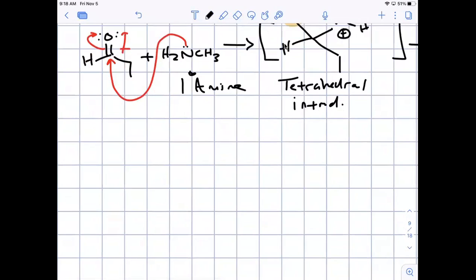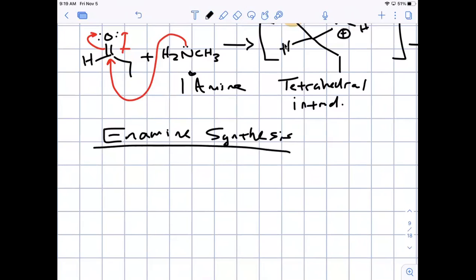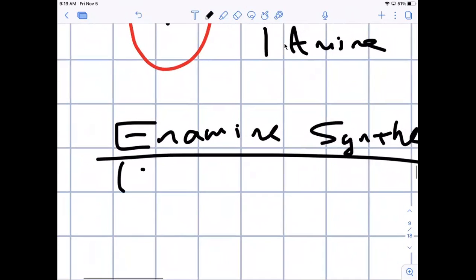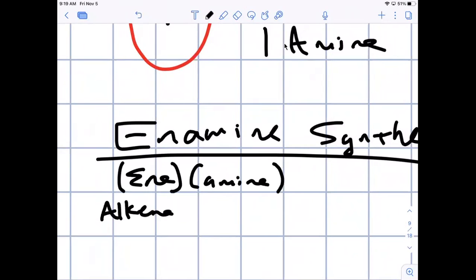If I use a secondary amine, I actually get what's called an enamine, and we're going to go through the mechanism for that too. So the enamine, let's think about that. The first term is derived from the suffix "ene," which means there's going to be an alkene present. And then the second term tells where it is: there's a nitrogen.